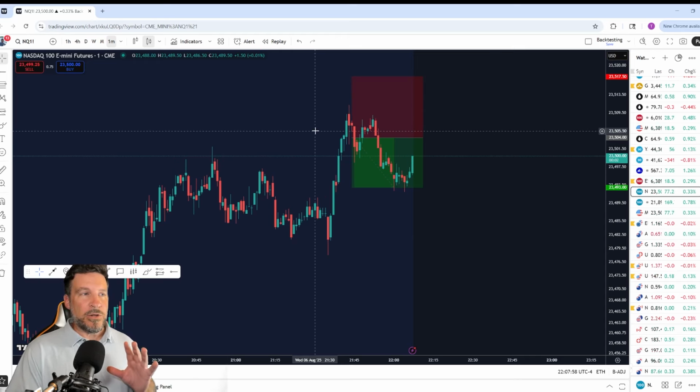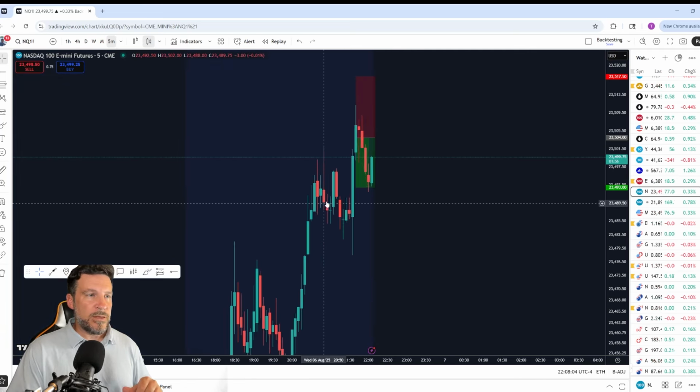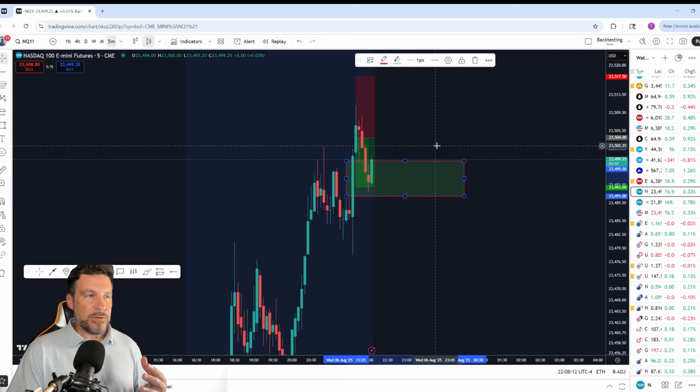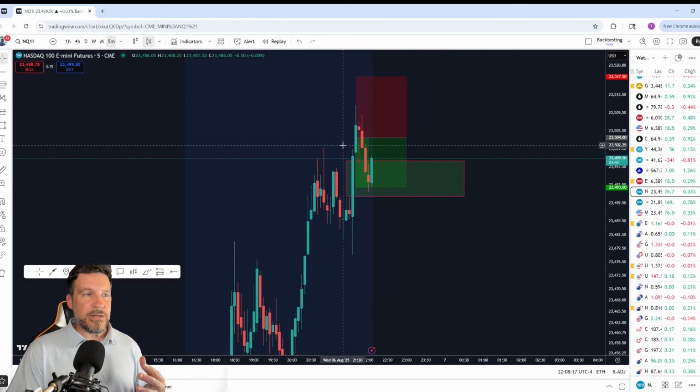First, let me back up a minute. I want to come out to the higher time frame, the 5 minute chart. The first thing I see is this 5 minute fair value gap right here. When I'm in this trade, I have to ask myself, where might there be a good place to move my stop to break even or possibly look to take profit?